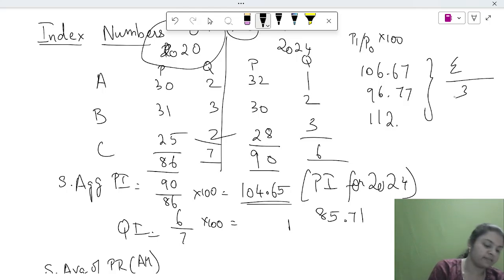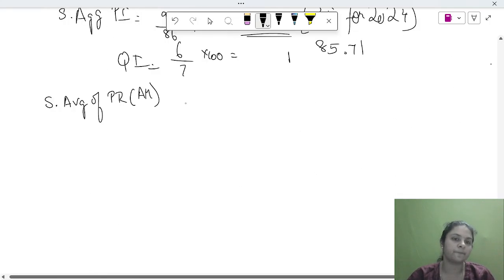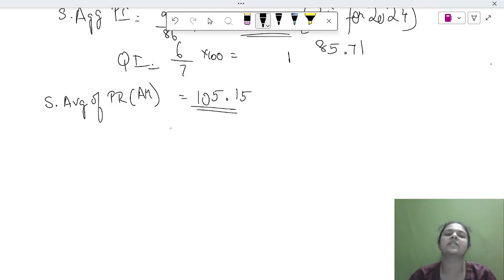So take the total and divide it by 3. 106.67 plus 96.77 plus 112. Now divided by 3, you will get the final answer as 105.15 or 146, whatever it is. So this is the method of simple average.